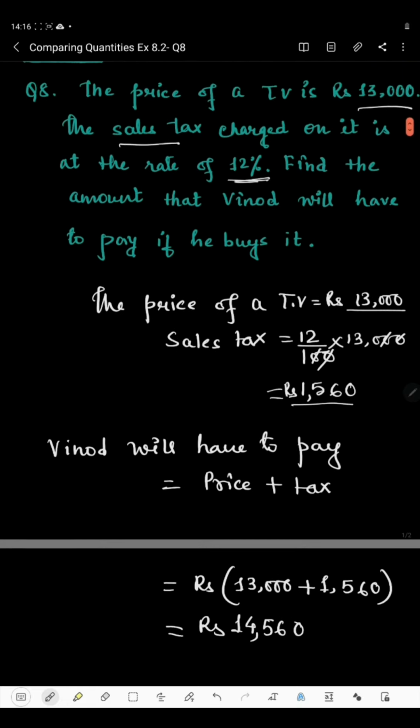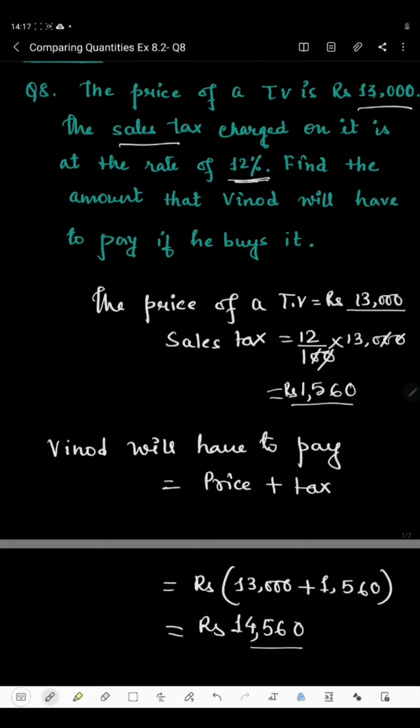So this is the price of the TV and this is the tax. This tax the customer only has to bear. If they want to buy any item, then they have to pay the amount which is the cost of that item. Along with that they have to pay the tax also, which is called sales tax. So Binod will have to pay rupees 14,560 if he wants to buy the TV.